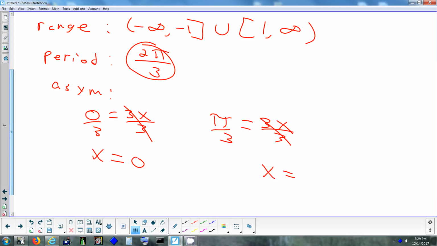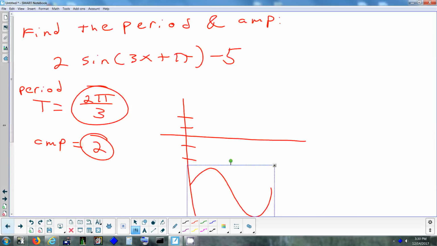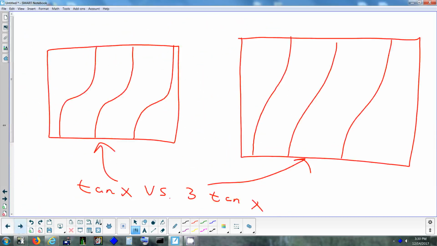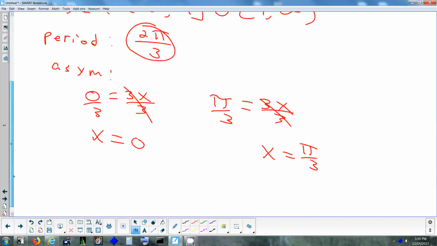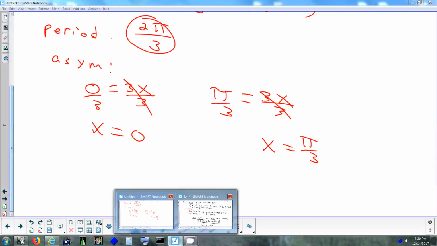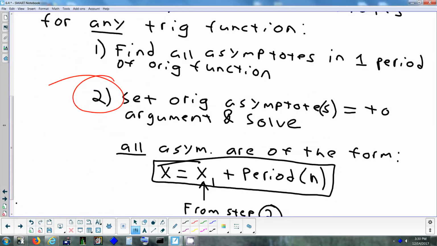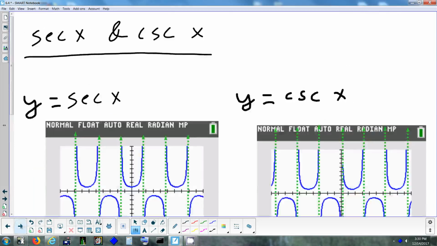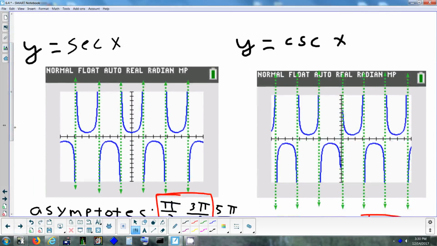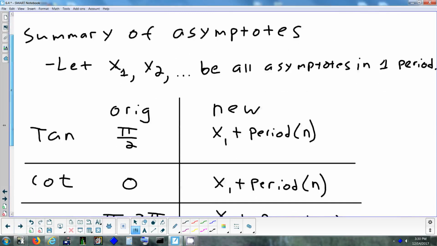Any questions on how we got those? Now, how often do those repeat? They keep repeating every period. You're going to get another dotted line every period.